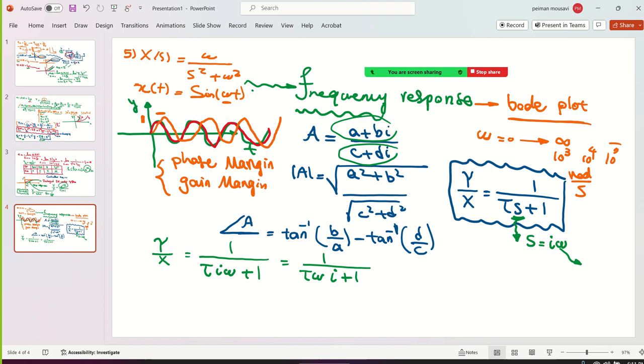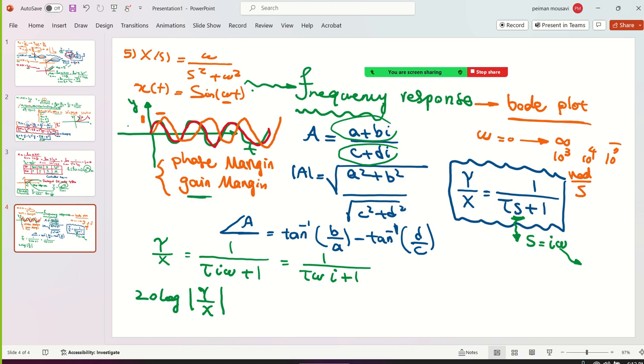So in the Bode plot, we're going to plot 20 log of the absolute value of output over input, the closed loop transfer function, for the amplitude.